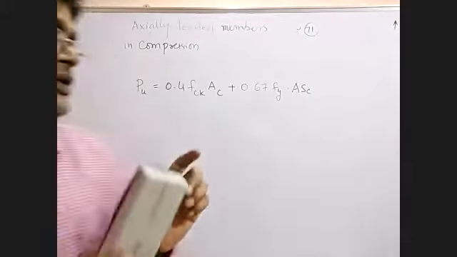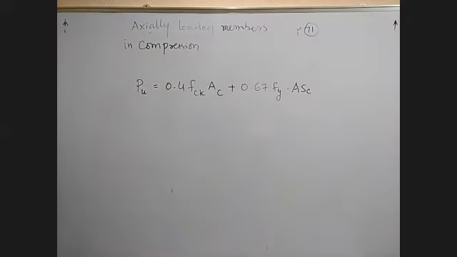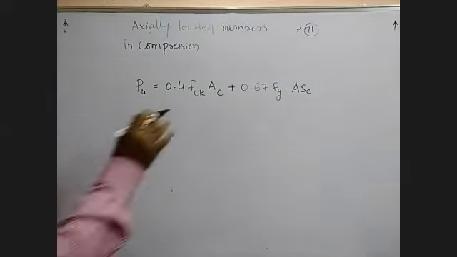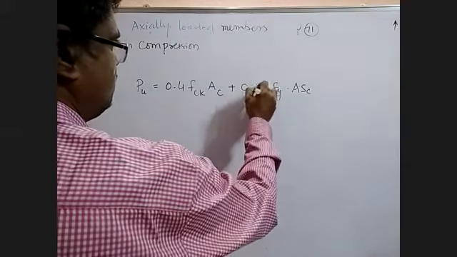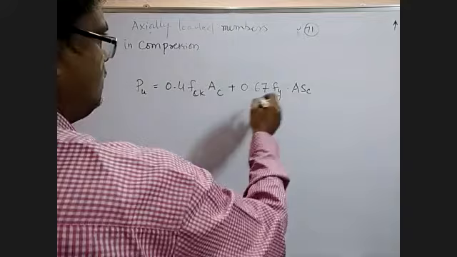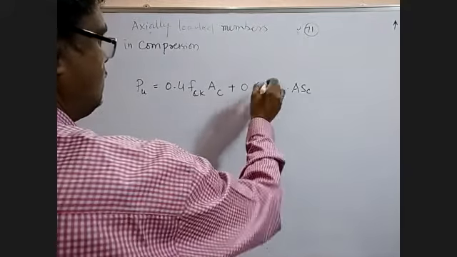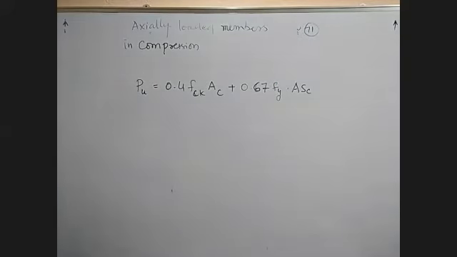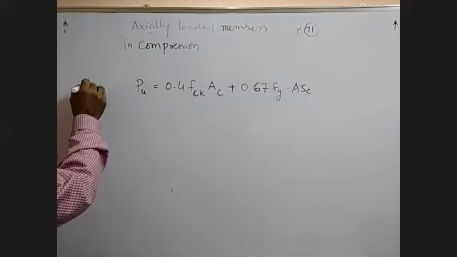Then you have to use this formula. Pu is equal to 0.4 fck Ac plus 0.67 fy Asc.